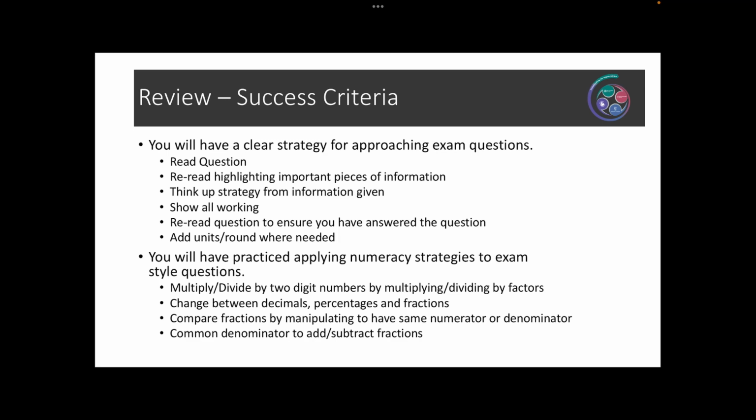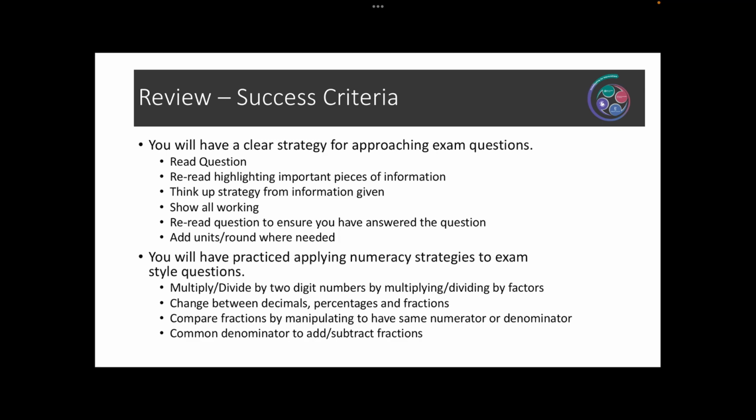So examples of the numeracy strategies that we have looked at are multiplying and dividing by 2-digit numbers by multiplying or dividing by that number's factors, which is a really important, useful skill to be able to use. It will come up time and time again. We looked at changing between decimals, percentages and fractions in order to be able to compare them.